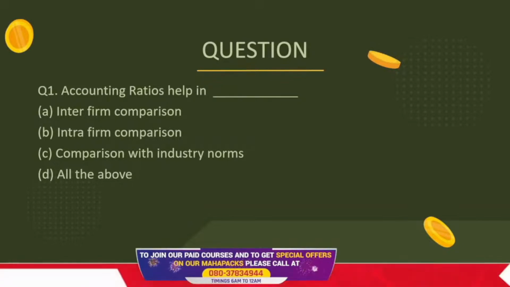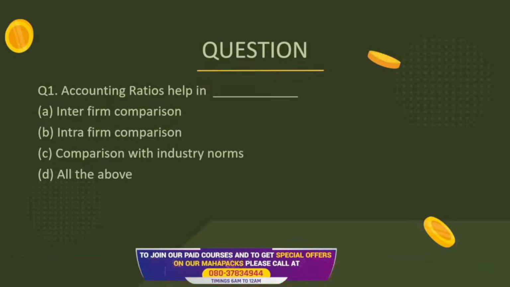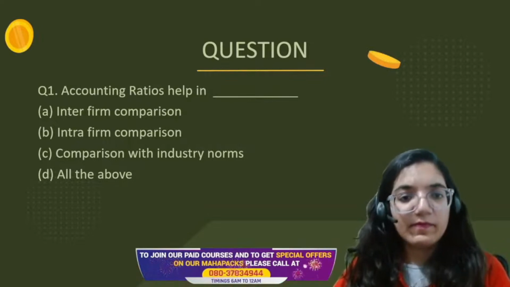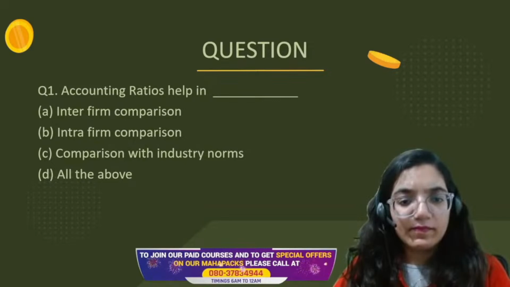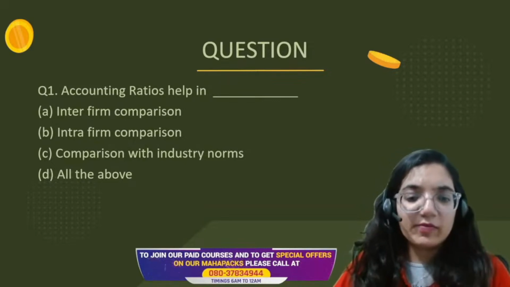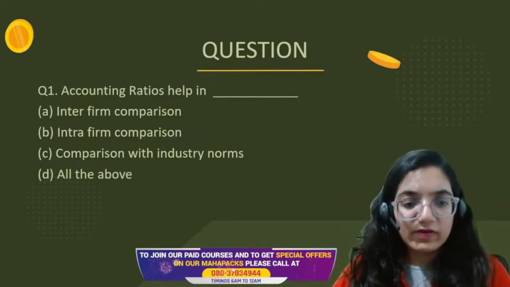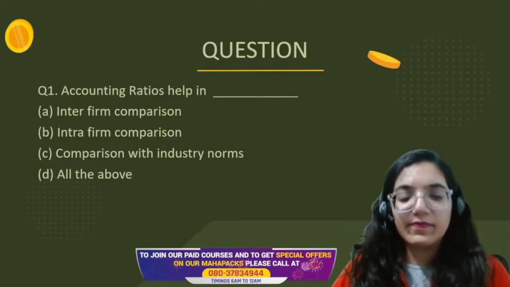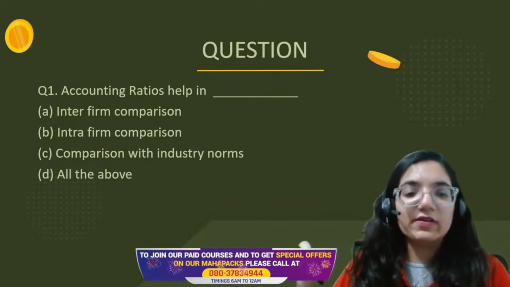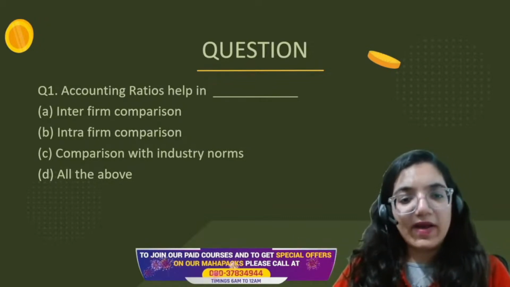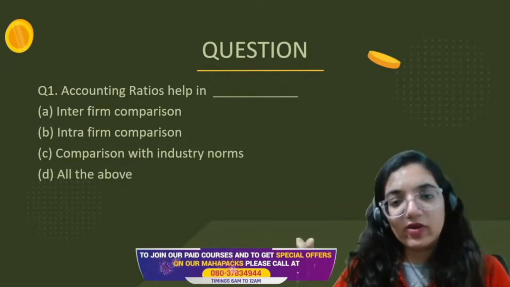The basic purpose of accounting ratios is that it is a part of the inter-firm comparison. It is basically intra-firm or comparison within the industry norms, or all of the above.